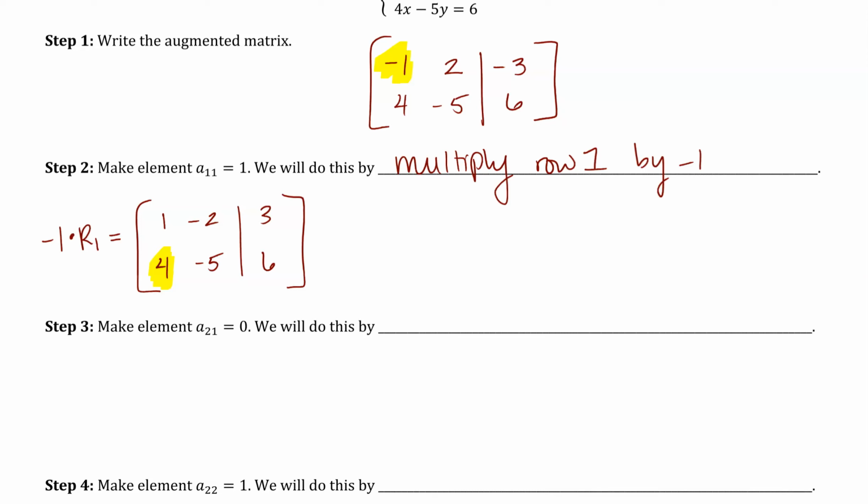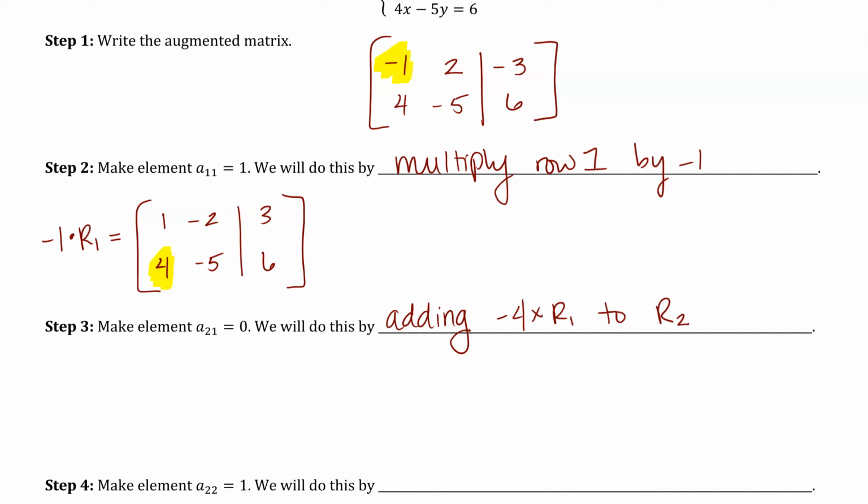So we can multiply row 1 by -4 and add that to row 2. That would be -4 plus 4, and that would give us a 0. So we're going to do this by adding -4 times row 1 to row 2.